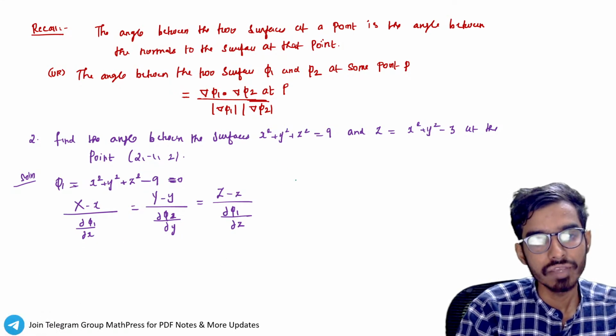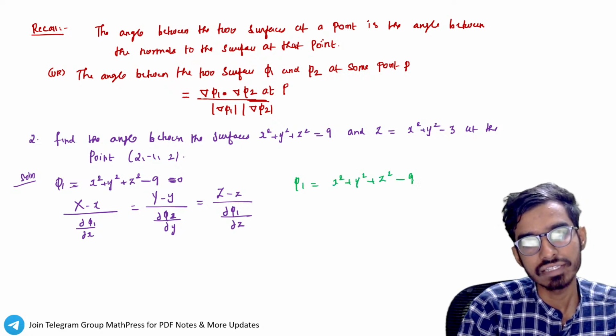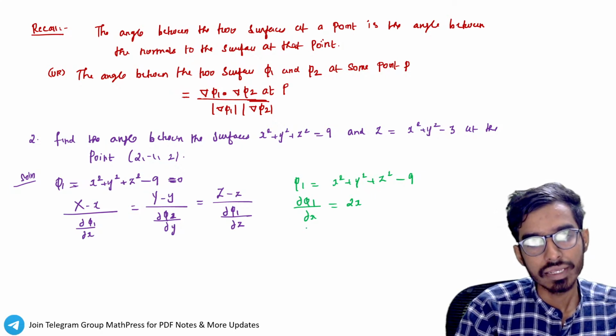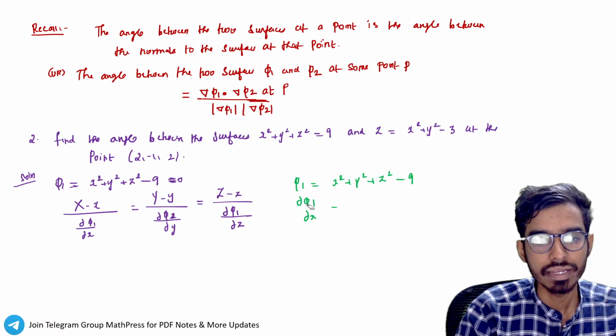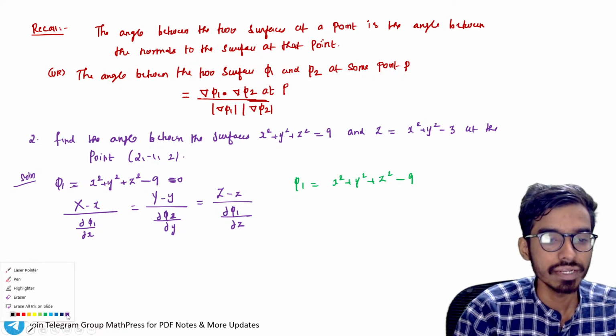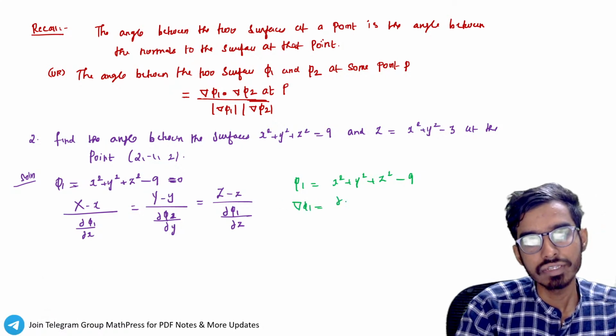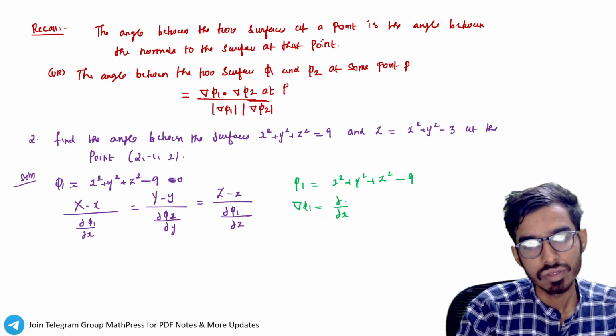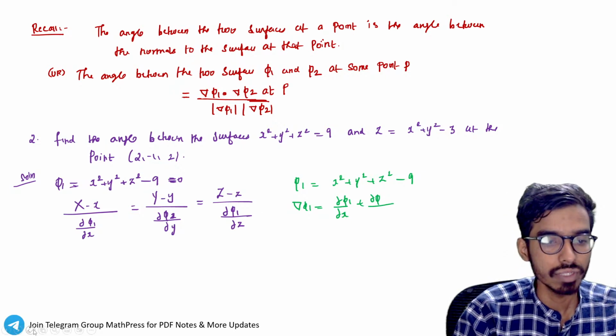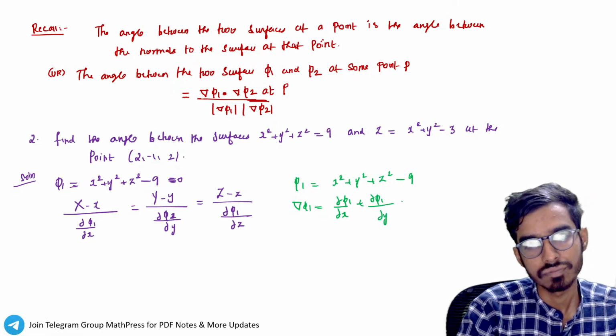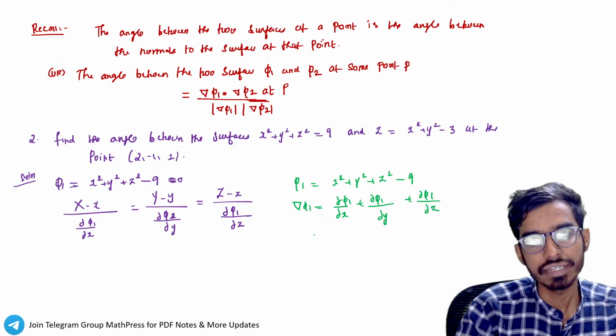Here phi1 is x square plus y square plus z square minus 9. So dou phi1 by dou x will be 2x. We will find the gradient at this point. Instead of this, we will find grad phi1, which is dou phi1 by dou x i vector plus dou phi1 by dou y j vector plus dou phi1 by dou z k vector.